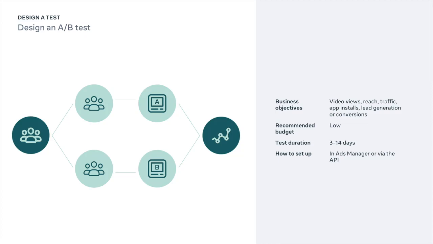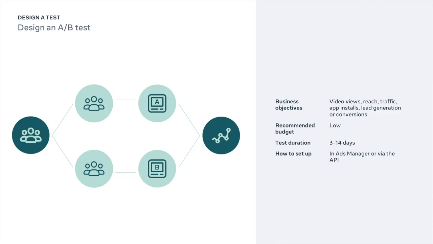The first group sees version A of your ad. The second group sees version B. The performance of each ad or ad set is measured against your campaign objective, and the best performing ad or ad sets wins.